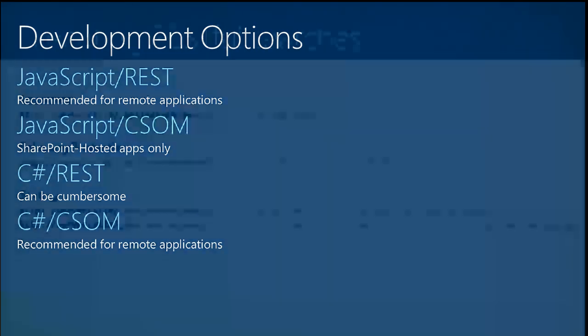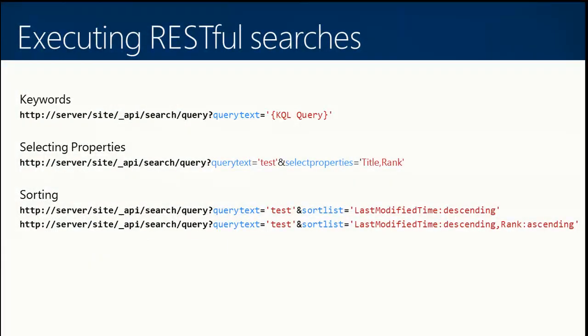Okay. When it comes to reaching the RESTful endpoint, let's start with REST. What you're seeing in front of you here are examples of executing RESTful searches. So when you're programming against REST, the big thing about REST is just coming up with the URI. And so as search developers, our URI is this _api, right?